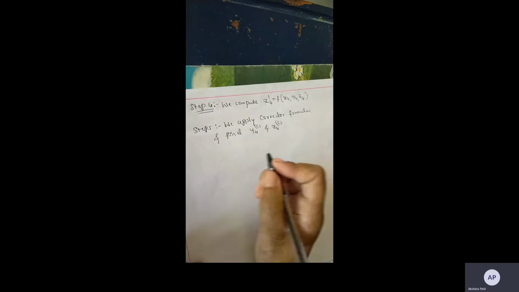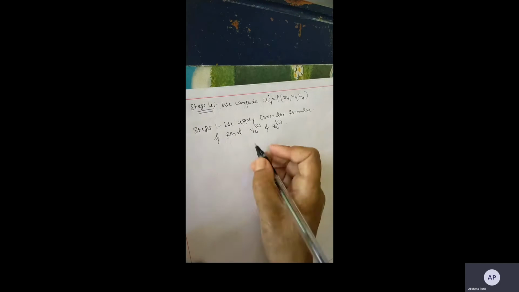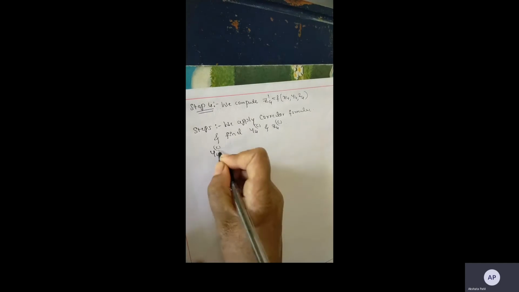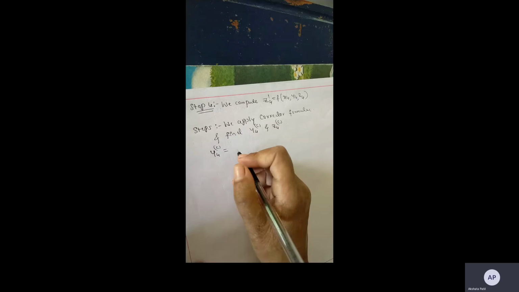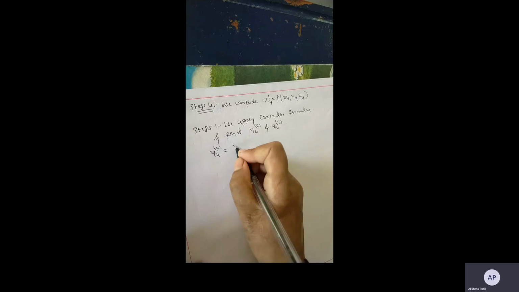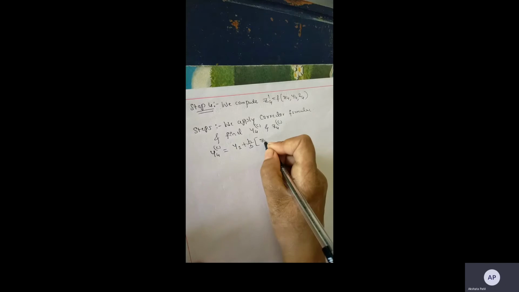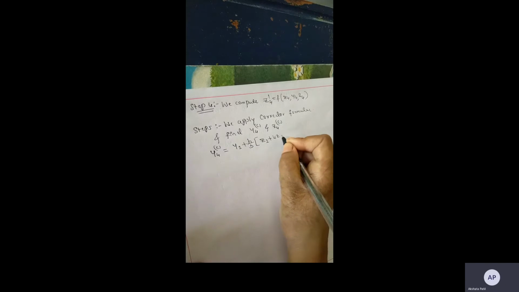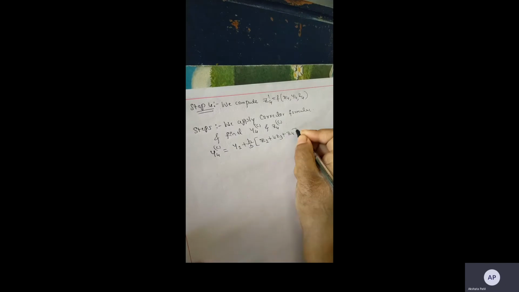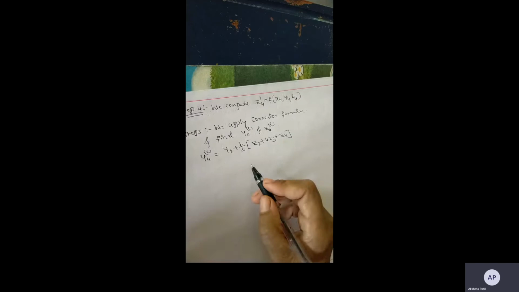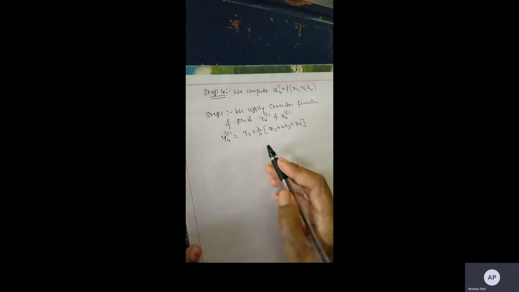Now let us see the formula for y4 of c. y4 of c is y2 plus h by 3 into z2 plus 4z3 plus z4. Just recall the Milne's corrector formula of module 4.